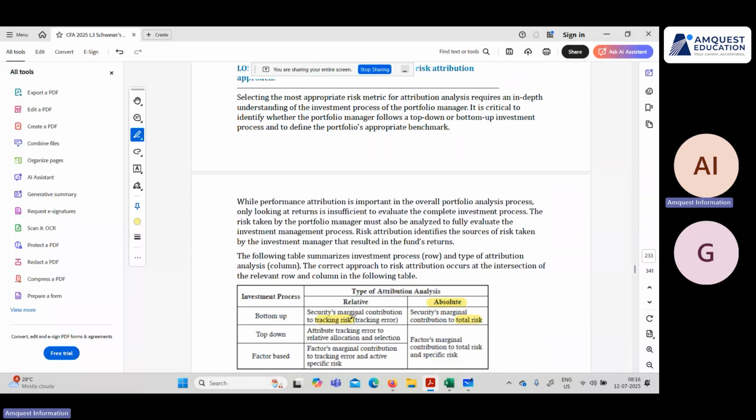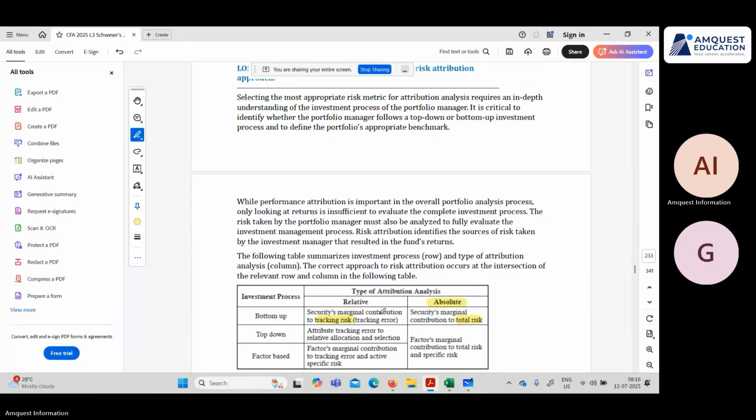Because relative means you are tracking to the benchmark, so you want to see how much alpha you're making. Total risk is just absolute. Exactly. Whenever you talk about relative, it has to be with respect to some reference, which means how much you are digressing from the benchmark, and hence how much you are tracking and how much you're not tracking. That's the tracking error, or tracking risk. Versus absolute, whatever risk you're taking is the total risk.